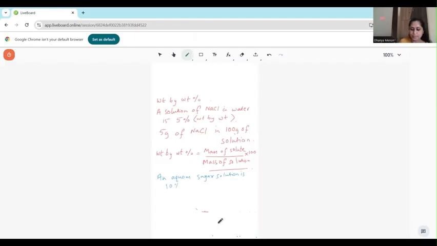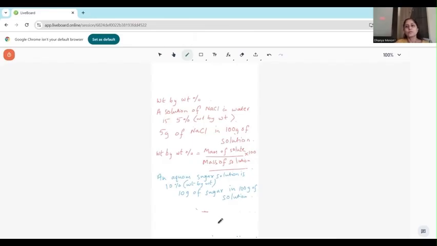What does it mean? That means I have 10 grams of sugar in 100 grams of solution. Right? This is how you do it.